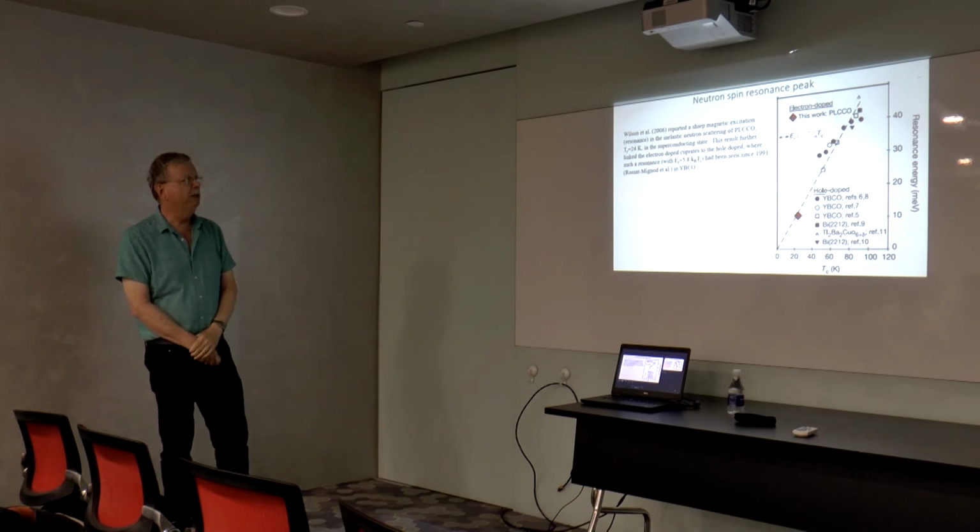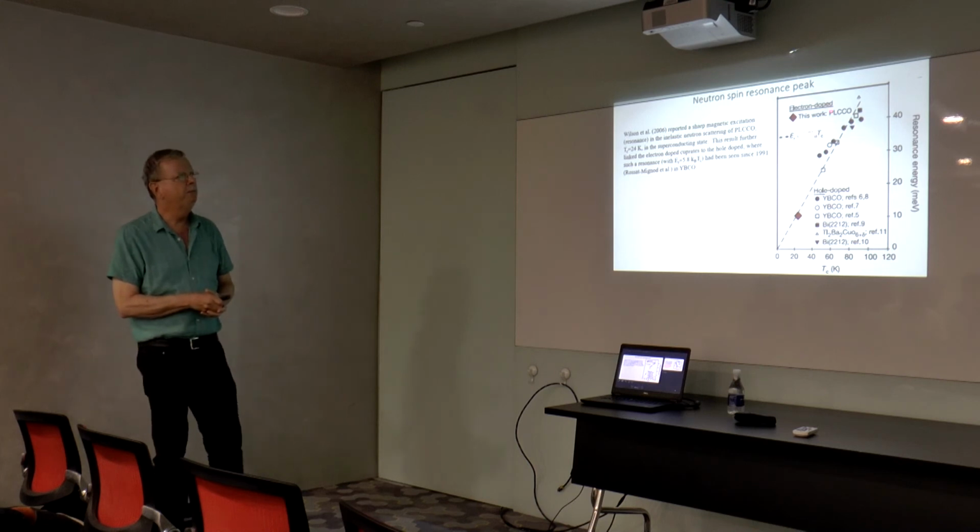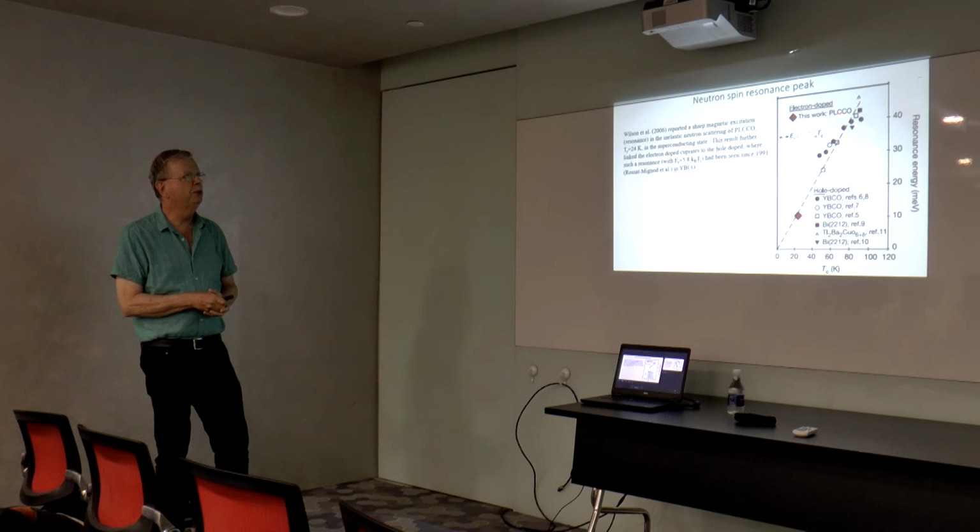Okay, so in that list of properties of cuprates, we talked about the neutron spin resonance peak. And obviously, I'm stealing this out of the review from Rick Greene and co-workers. Armitage, I think, is the first author, where they're looking at praseodymium lanthanum cerium copper oxide as an electron-doped material, and then there's a bunch of hole-doped data on the plot for higher TC, and obviously the electron-doped is lower TC.